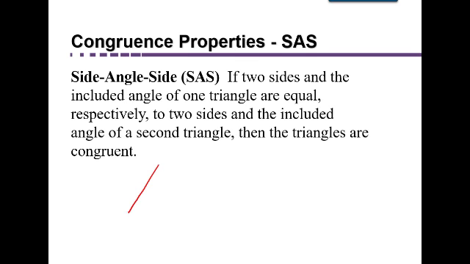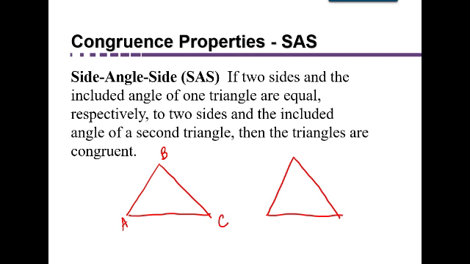So let's say that we had our triangle ABC and our triangle DEF, and they look like they're congruent, but we need to be able to prove it for sure. It would be enough to know that the length of side AB is 6 and the length of side DE is 6.